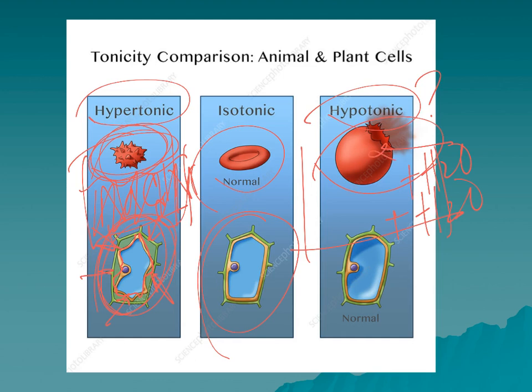So here you can see this is normal, and this is starting to expand. It kind of gives that cell wall a roundish shape. When it starts to expand like that, eventually it's going to explode. So that's normal until the whole thing just blows out.